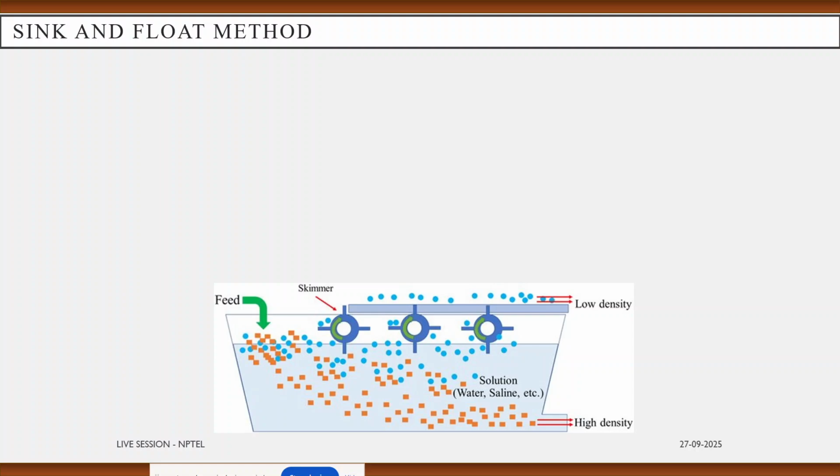Now we are going to discuss the first method for gravity classifiers, that is the sink and float method.